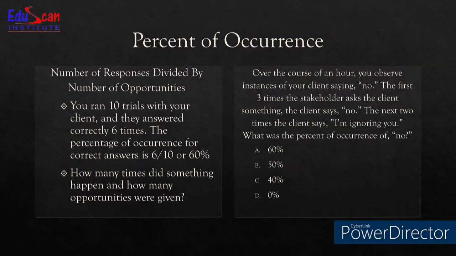What was the percent of occurrence of no? Now, let's try to understand this very clearly. Out of 5 occurrences, 3 times the client said no, and 2 times he said, "I am ignoring you." So that means 3 divided by 5.